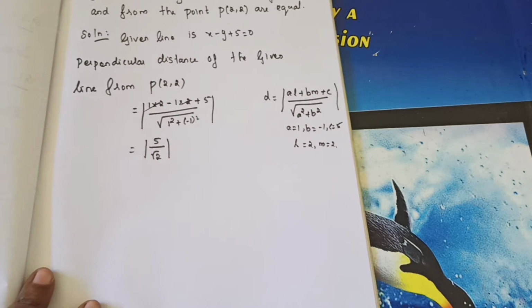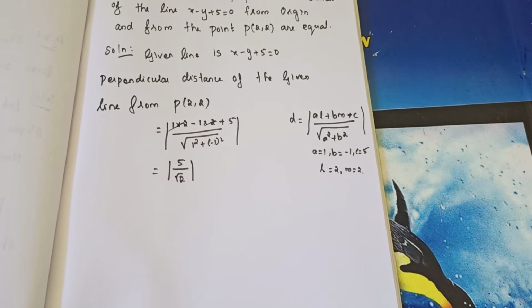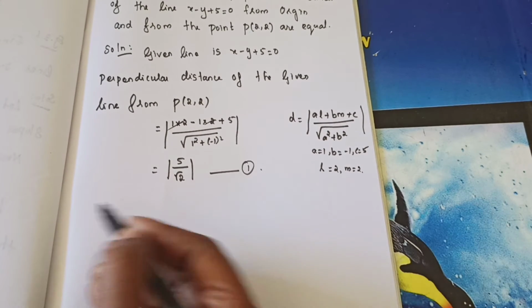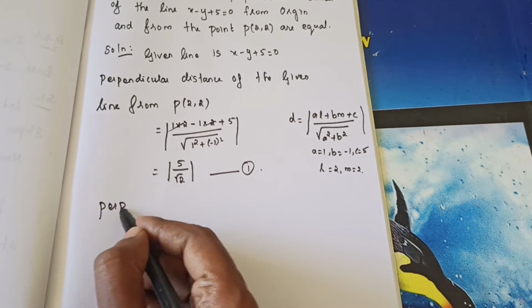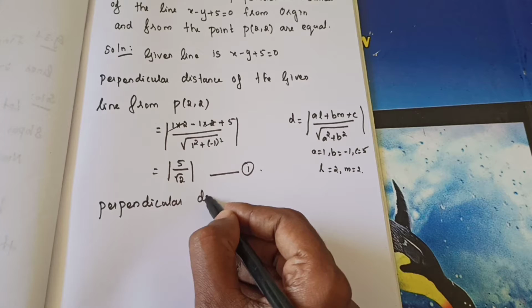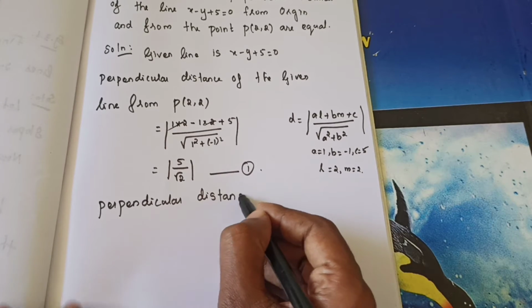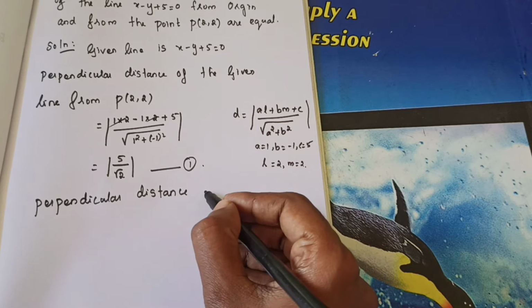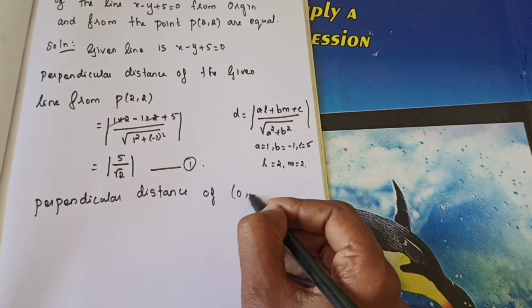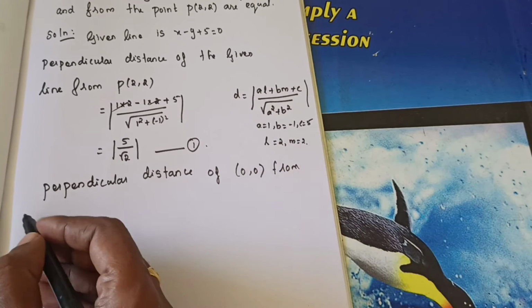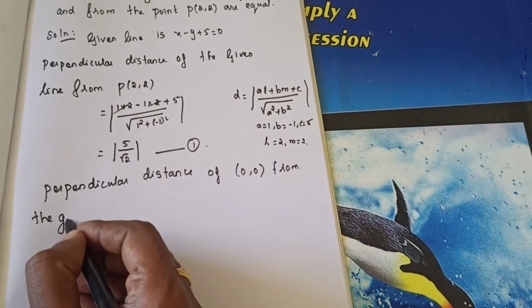Got it? Next, what will you do? The origin and this point to the line, we need to prove both are equal. Let us take this as 1. Then next, find the perpendicular distance of 0, 0 from the given line.